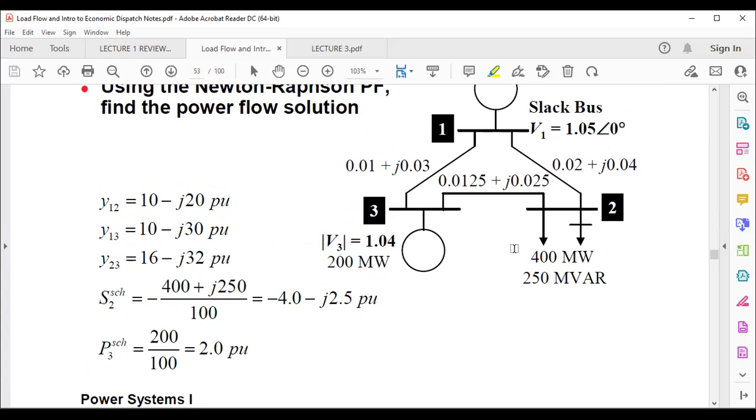So we divide the power by 100. Since it's a load, that's why it's negative. So it is minus 400 plus j250 over 100, and we get the load. And then for bus 3, the power injected is 200 over 100.